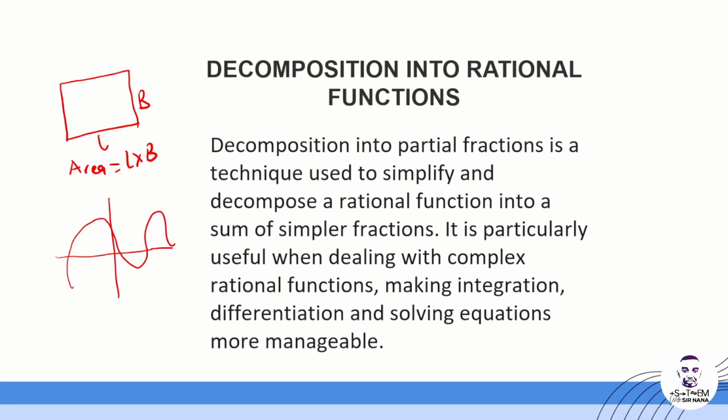So anything in the area of a curve will be the graph of a rational function. So probably a rational function f of x, which is equal to g of x all over h of x. So in dealing with rational functions, sometimes we must be able to find the area around the curve.